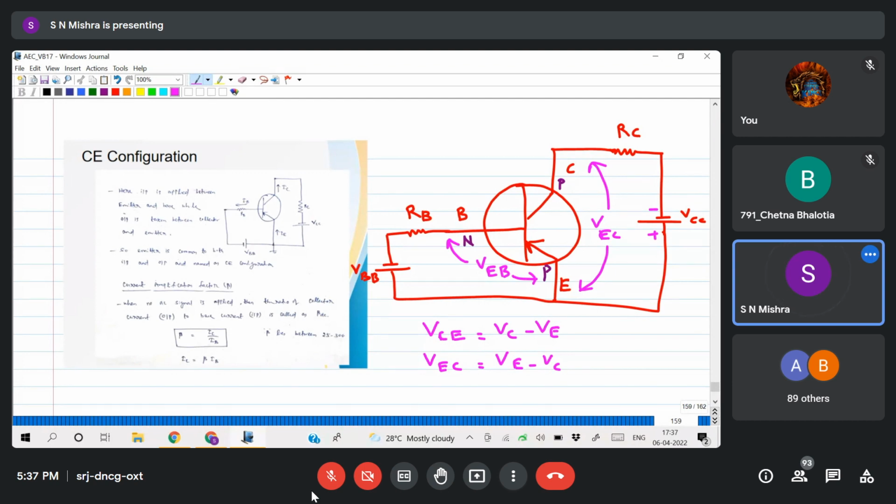Now let us test it, because this one you cannot directly understand or visualize, which one is higher, which one is lower, whether the collector base junction is forward biased or reverse biased. Both are connected to negative voltage. So let us take an example here. Let us take this as minus 5 volt, because with respect to ground it is minus 5, and here minus 7.